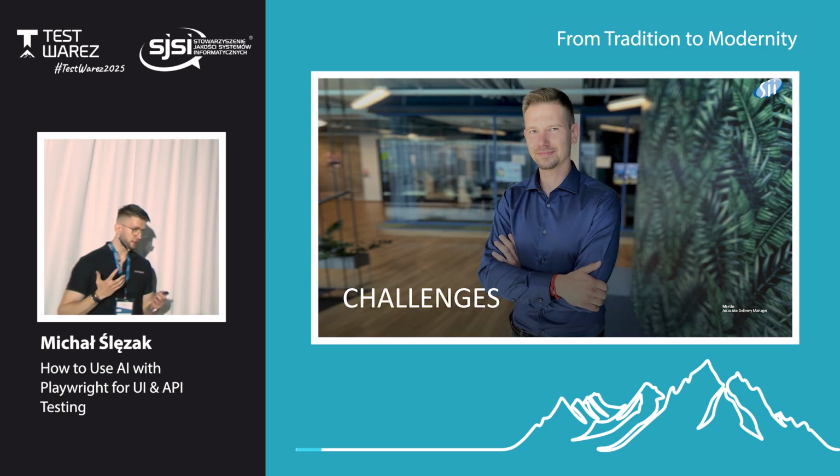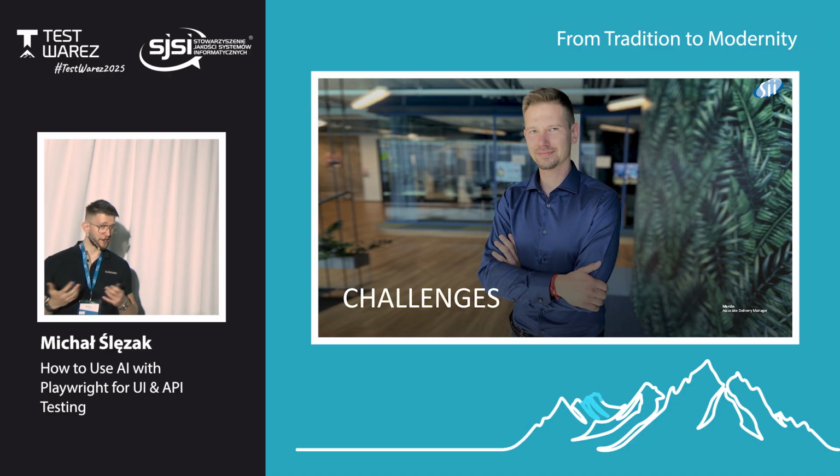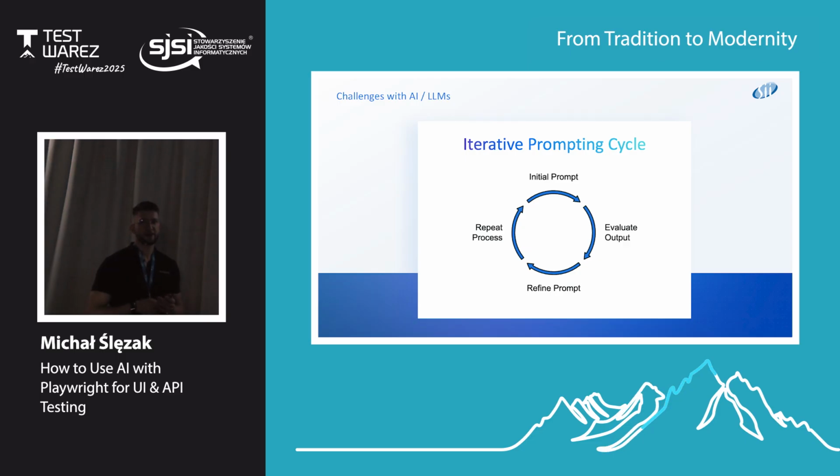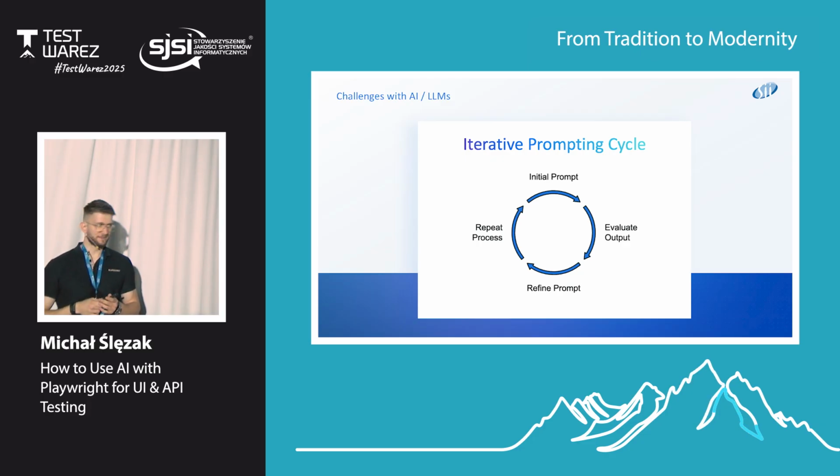Okay, and at the end, I would like to tell you a few things about challenges, because of course AI can help us, but I also see a lot of areas where it can fail. First of all, we quite often need to do additional prompts and additional attempts, because it's very rare that everything works at the first attempt.